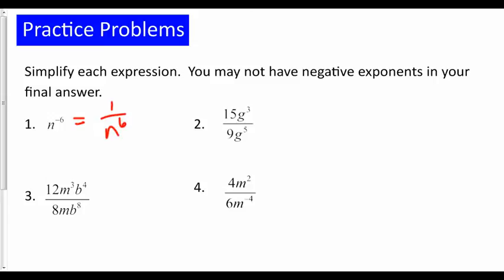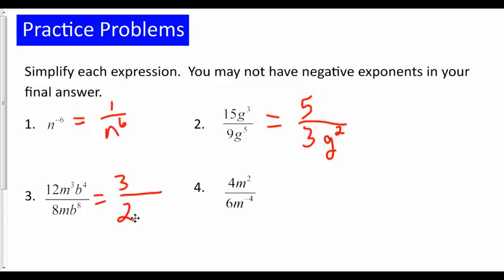In number 2, I want to simplify this, and I don't want negative exponents. That means I'm going to need a fraction bar here. 15 over 9, well, the coefficients just reduce to 5/3. G to the 3rd over g to the 5th, 3 minus 5 is negative 2, telling me that my variable g is going to be in the denominator. 12 over 8, that reduces to 3 over 2.